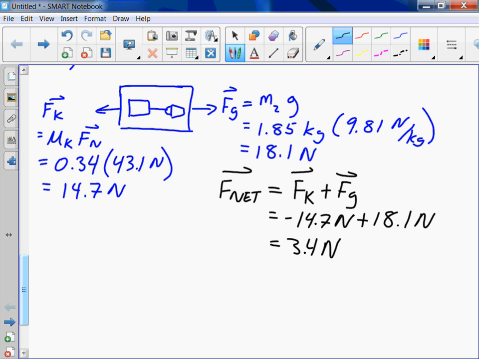We're one step away from solving this last question. You tell me what it could be. Acceleration. Yeah. Okay, so the last step.